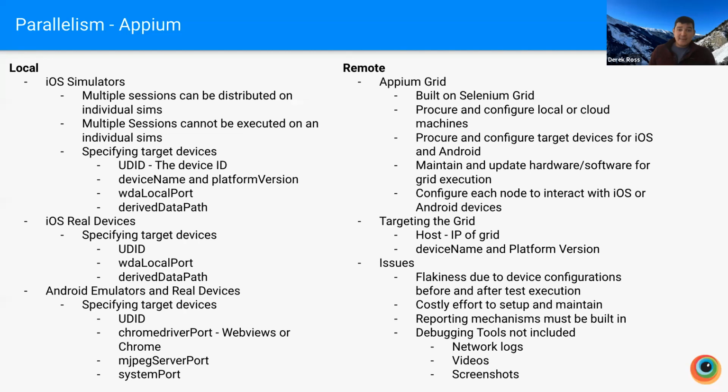If you wanted to set up something remote, so if you have a large company with multiple teams and you want to provide a service internally, you can set up an Appium grid. This is built on Selenium Grid. It's going to require you to procure and configure local or cloud machines. I've seen multiple ways of doing this. I've seen AWS and Google Cloud used to set up the nodes.